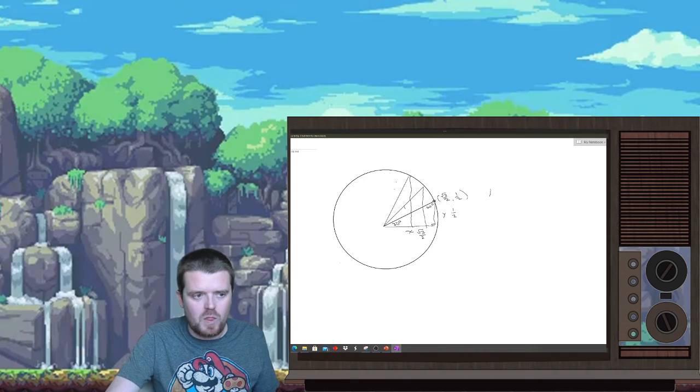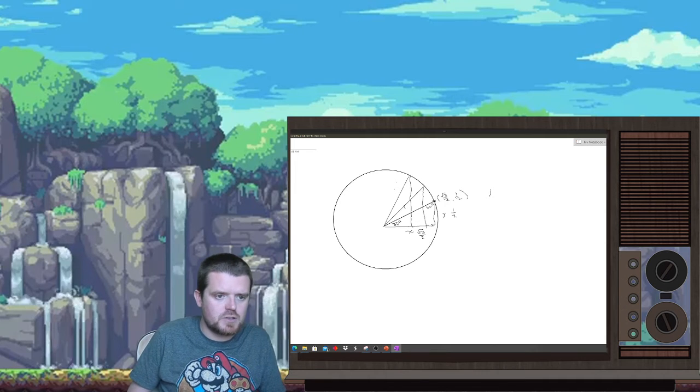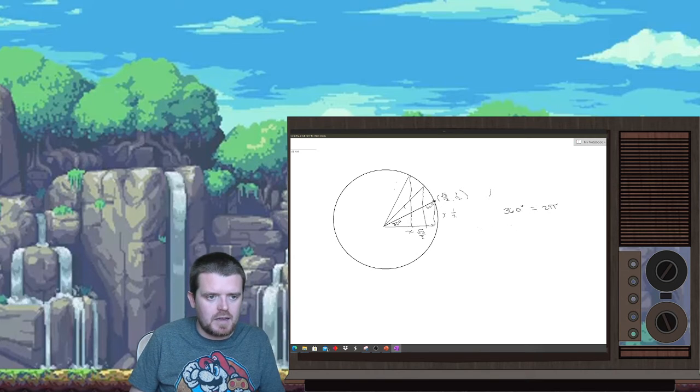Now, based on that premise, 360 degrees being 2 pi, we can simplify that algebraically to define 180 degrees being equal to pi.